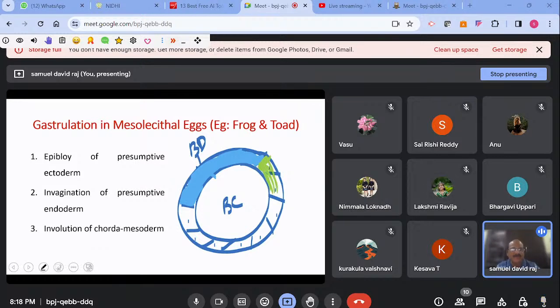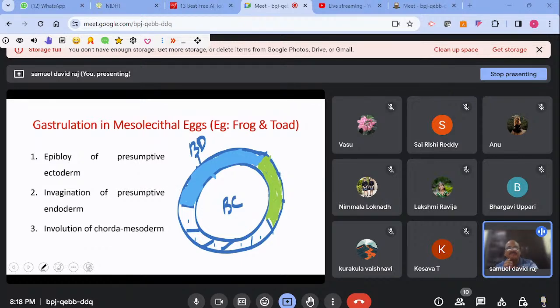And this is followed by cells which are destined to form the nervous system, and this is called neurectoderm. So both of these, the blue colored one and green colored one, constitute the ectoderm.